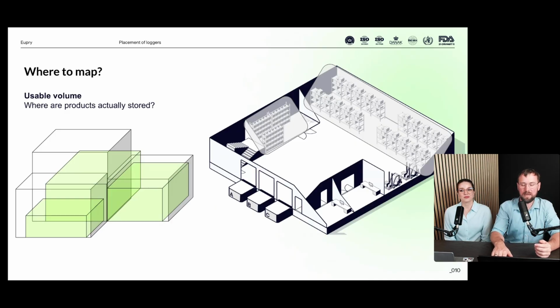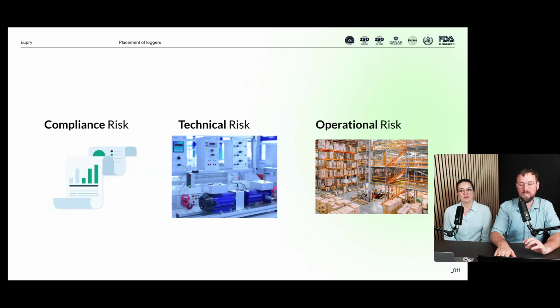Once you've identified those areas, we've developed a model here at GxP in which we look at 3 different types of risks: compliance risk, technical risk, and operational risk. In a general sense, compliance risks are related to whether you follow the standards and the guidelines on the topic.